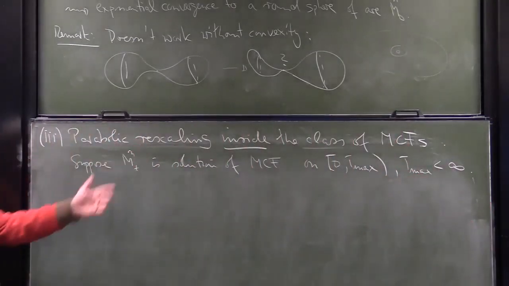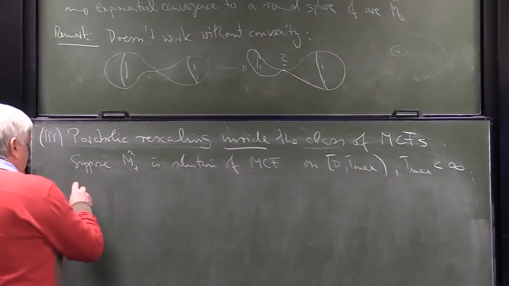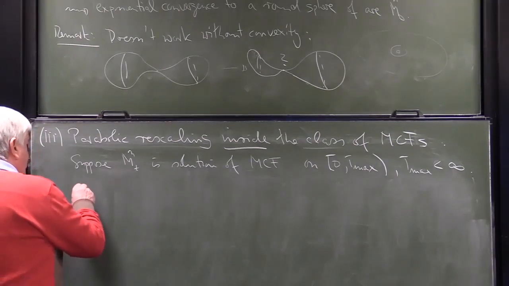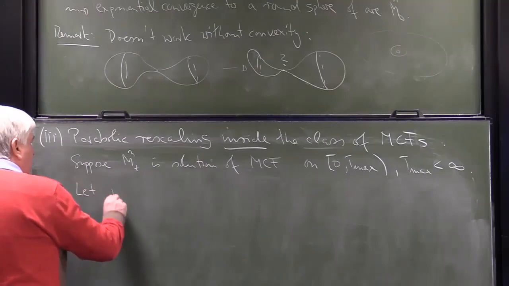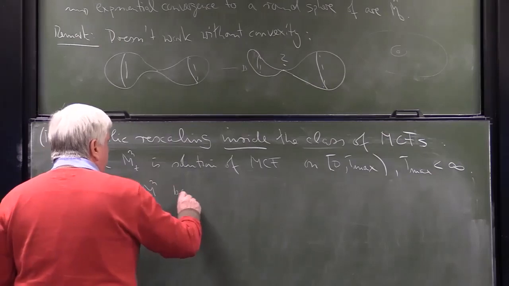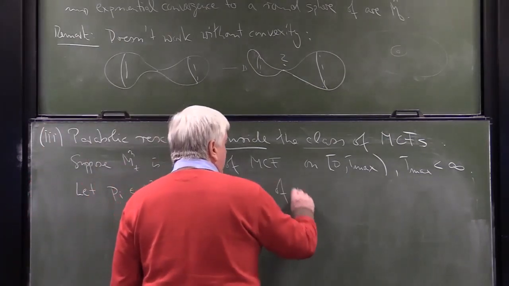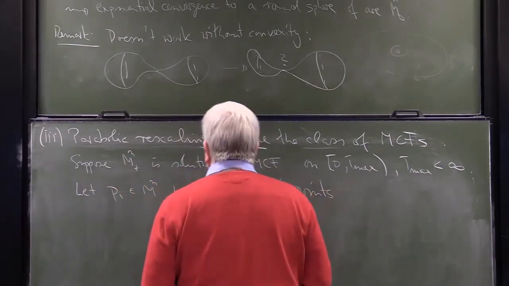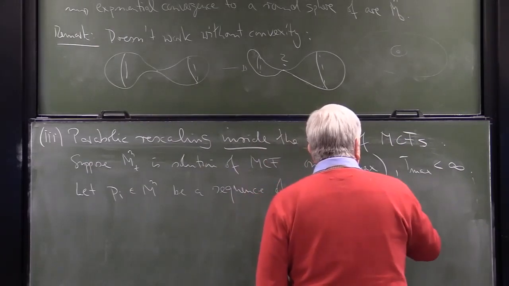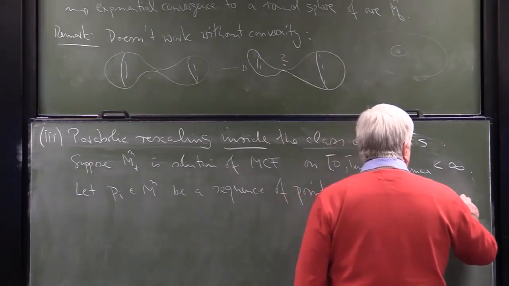And then we know the curvature is going to infinity. p_i in M^n is a sequence of points, t_i times, and lambda_i greater than 0 scale.